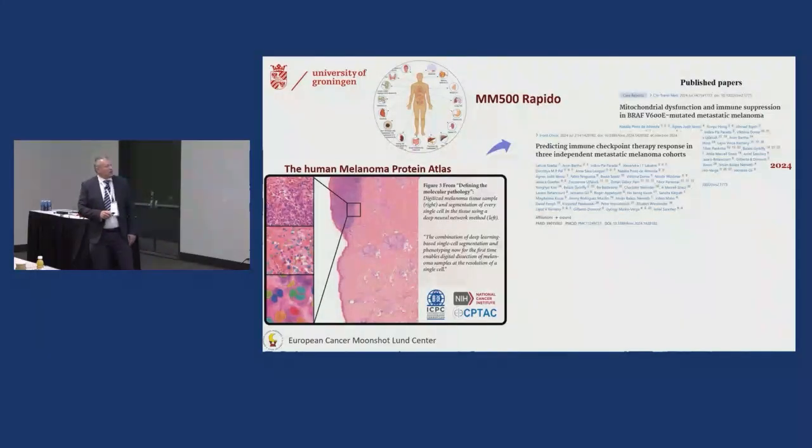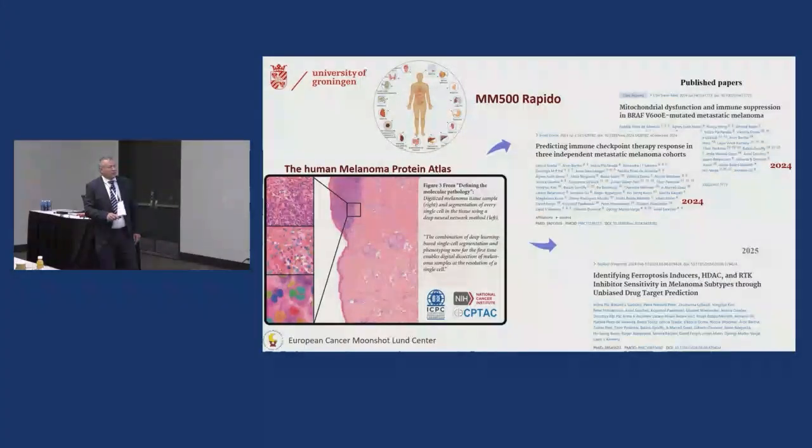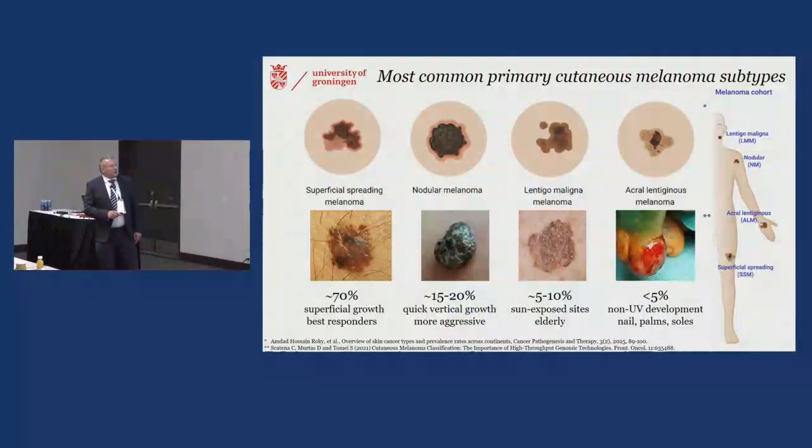Here we had a few papers in 2024 and 25, each addressing a different subcohort of melanoma, mostly metastatic because that's easier to obtain than primary tissues, or assessing immune checkpoint inhibitors or other targeted therapies.